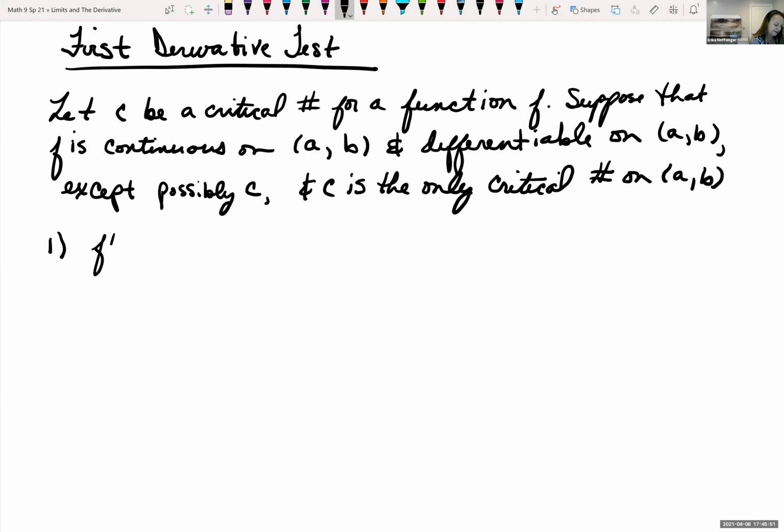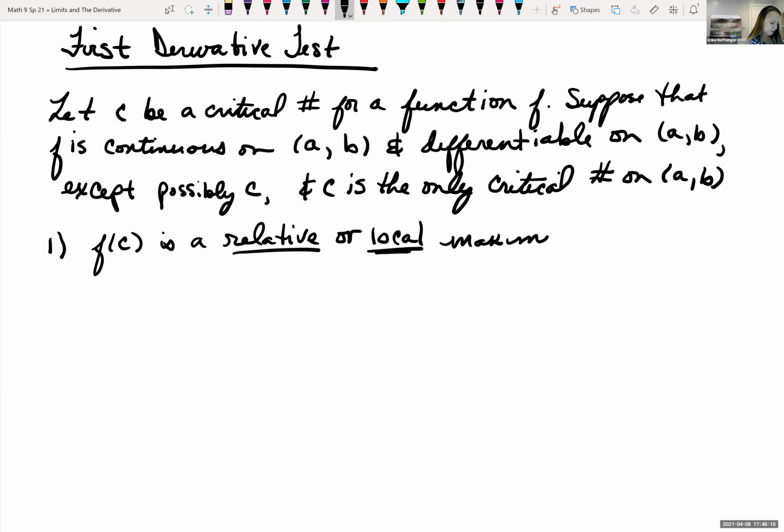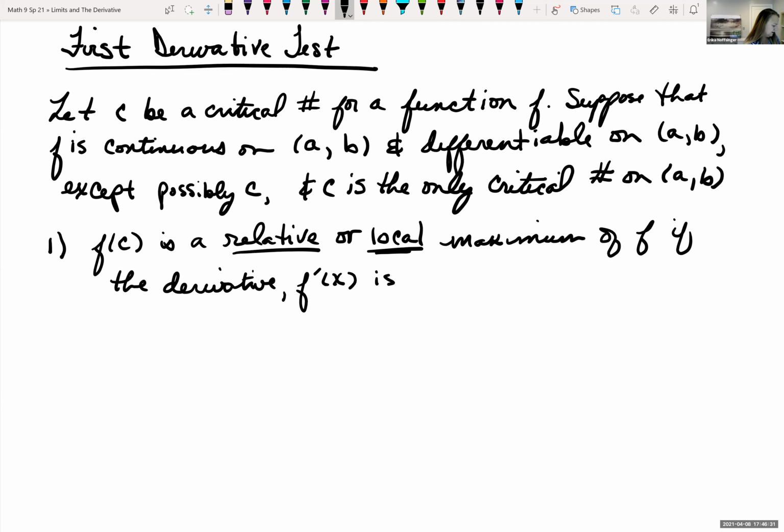So one, we say that f of c is a relative, or local, that's probably what I'm going to be calling it, local max, maximum of f if the derivative f prime of x is positive on the interval AC and negative on the interval CB.